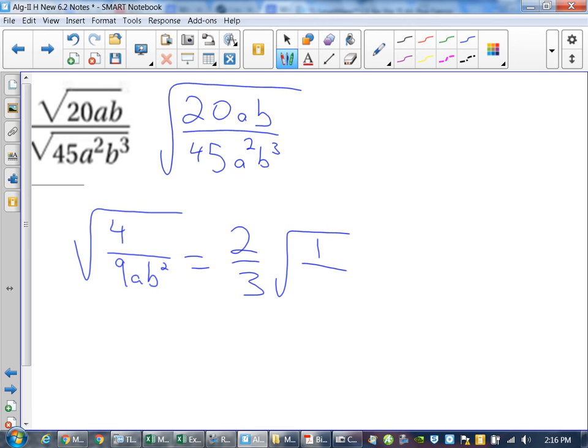What can you take out? Not the whole thing though, but I take out a b. But where do I have to put it? Numerator or denominator? Denominator. So it becomes 2 over 3b root 1 over a. That's it.